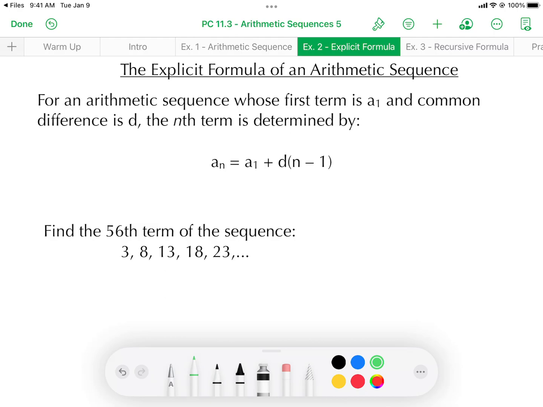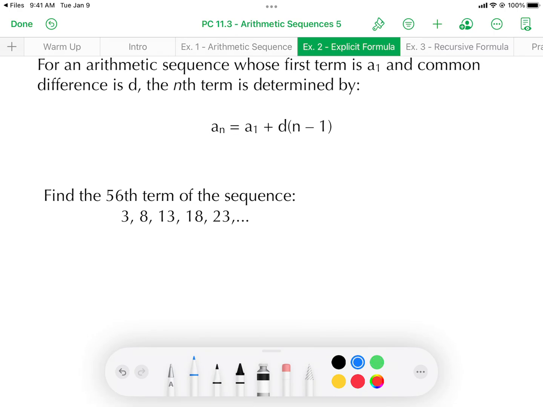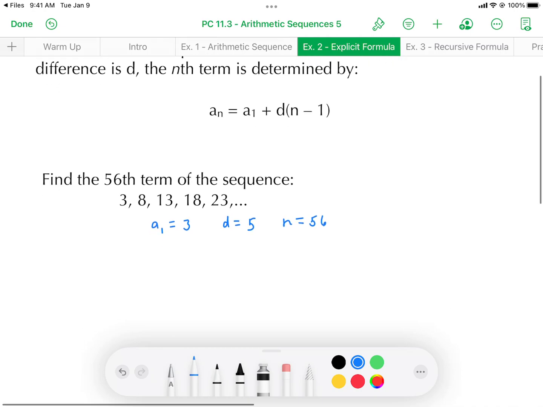Okay? All right, find the 56th term of this sequence. What is a sub 1? 3. What is the common difference appear to be? Positive 5. And then if we're looking for the 56th term, we'll say that n is 56. Now that term will be represented by the notation a sub 56.